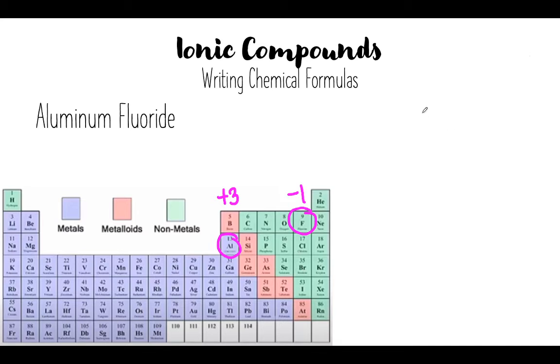So aluminum has the symbol Al, and fluorine has the symbol F. And now I'm going to write the charge along the top. So aluminum has a charge of +3, fluorine has a charge of -1.